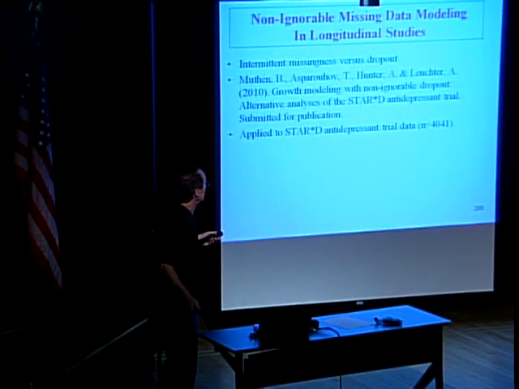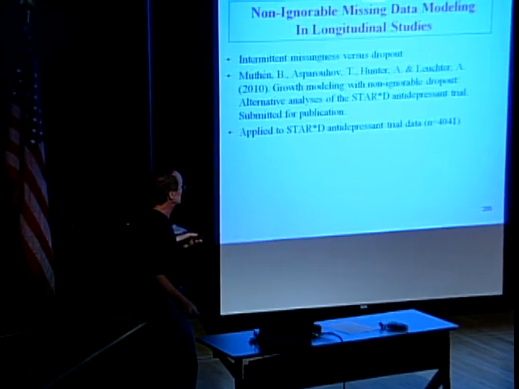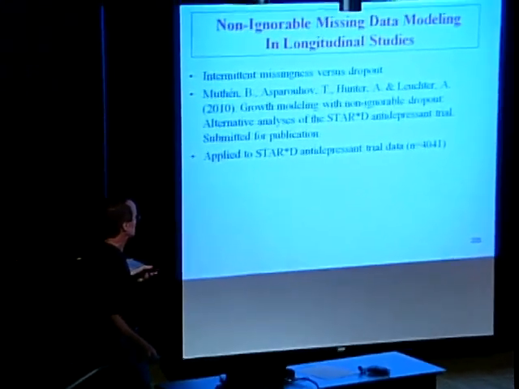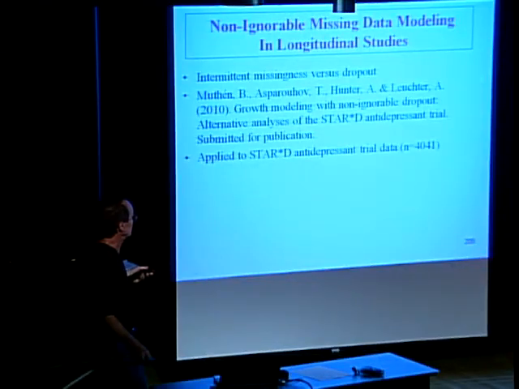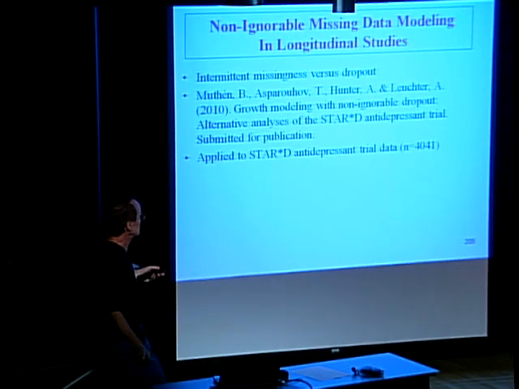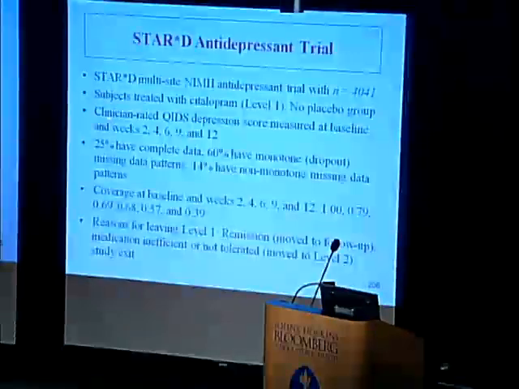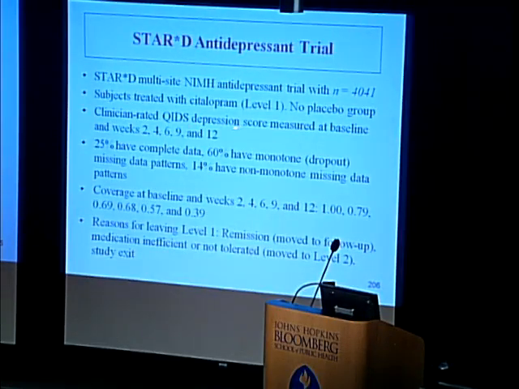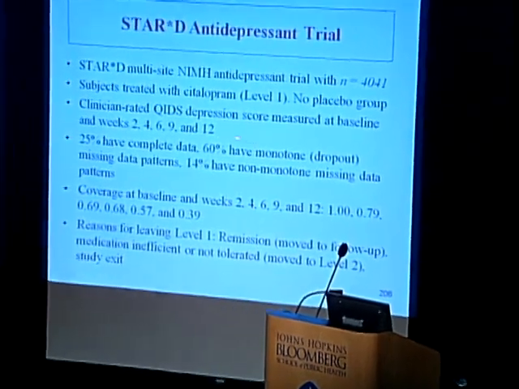We have here one of the largest antidepressant trials, I think maybe the largest in the US, 4,000 individuals, STAR*D, NIMH supported, multi-site, where subjects are treated with the antidepressant citalopram. There's not a placebo group, but you look at the drug effect and see how that influences depression. We are going to look at the clinician-rated depression score measured at baseline and weeks 2, 4, 6, 9, and 12.